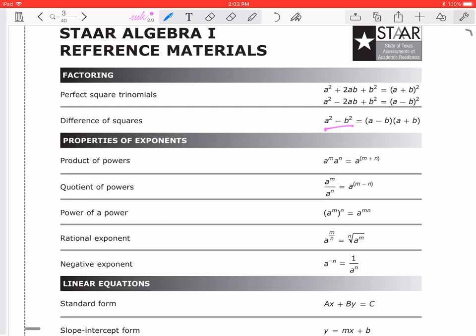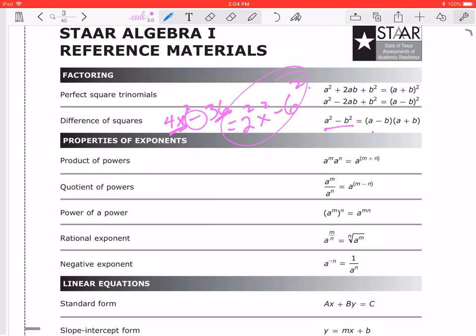So, for example, let's say I were to give you the problem 4x squared minus, let's say, 36. Well, that's the same thing as saying 2 squared times x squared, minus 6 squared, because 36 is 6 squared. That's saying the same thing. Whatever's in your a term and whatever's in your b term has to be a perfect square, and we have to have a difference there.